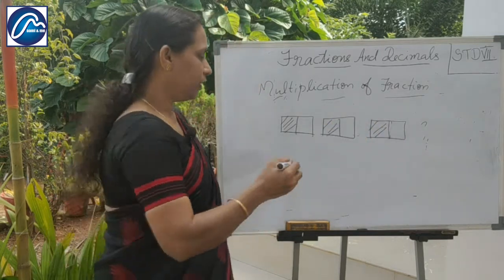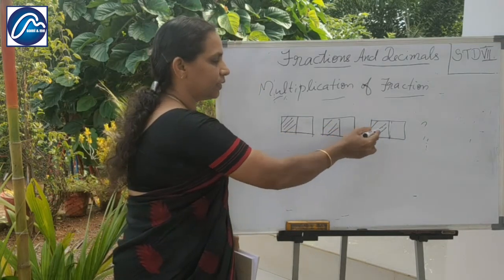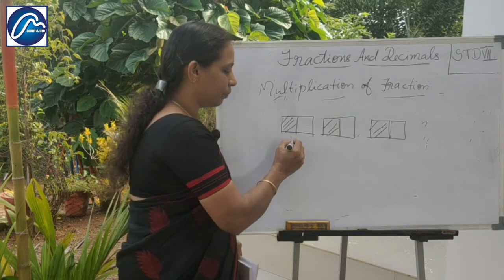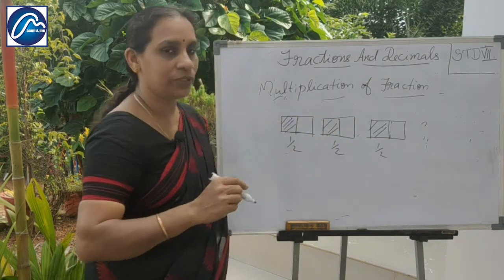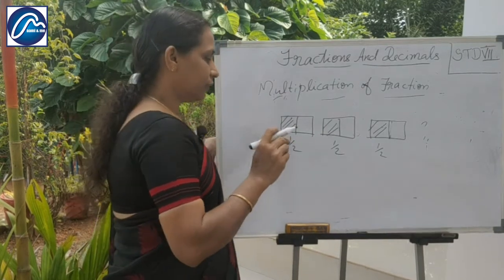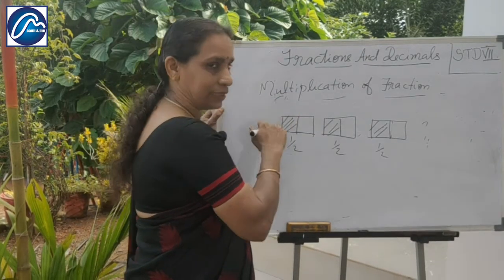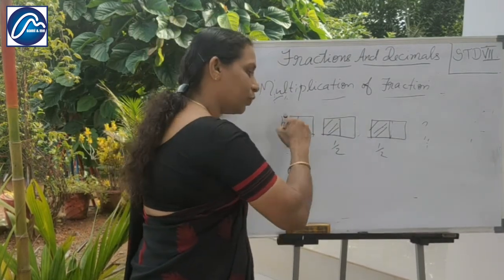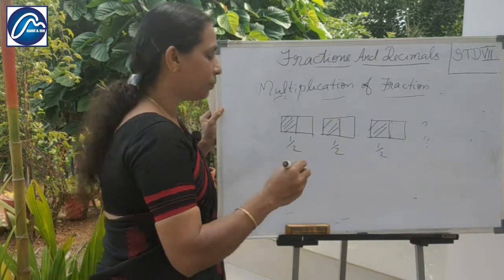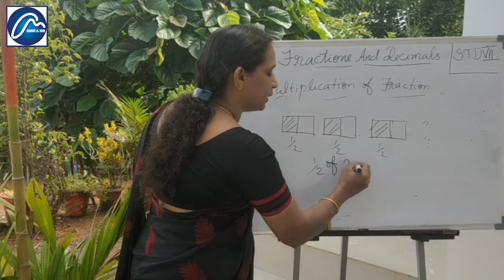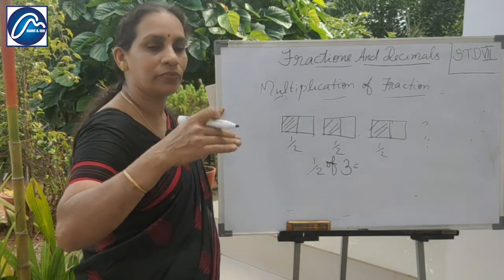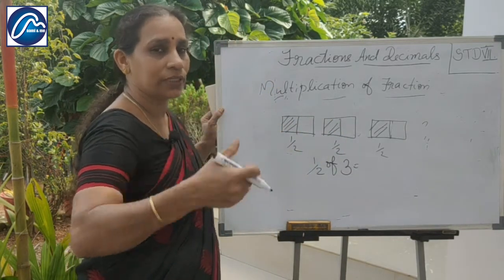Okay, here we have cut these 3 rectangles into 1 by 2, 1 by 2, 1 by 2. How many 1 by 2s are there? 3. That is from 3. That is, 1 by 2 of all three together. What is 1 by 2 of 3? When you take 1 by 2 from all three, how much do you get?